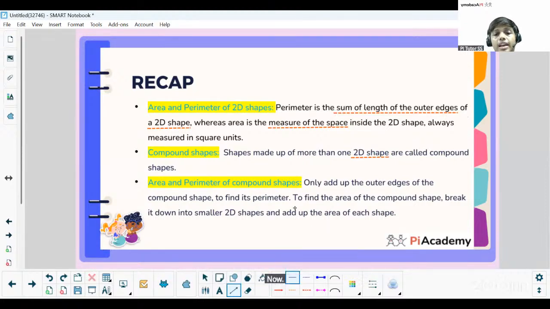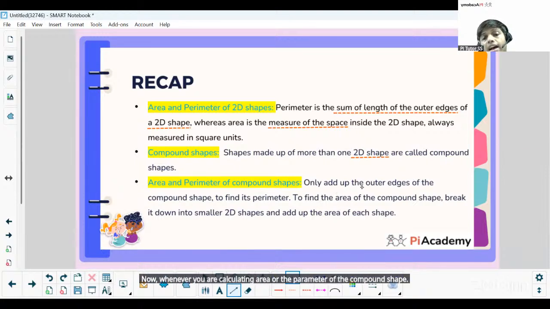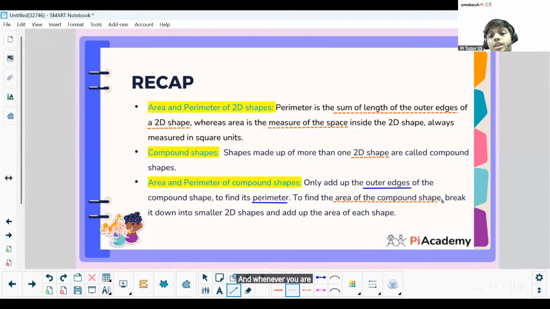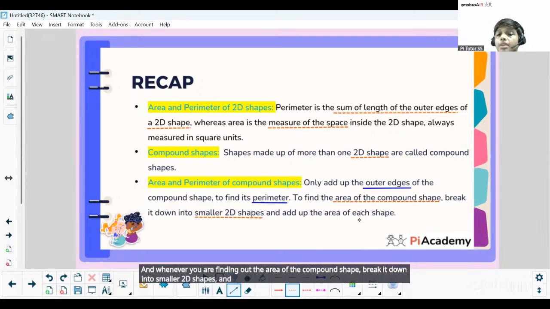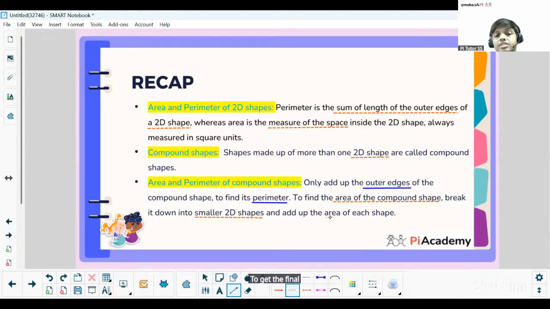Now, whenever you are calculating the perimeter of the compound shape, only add the outer edges of the compound shape to find its perimeter. Do not try to add the inner edges to get the final one. And whenever you are finding out the area of the compound shape, break it down into smaller 2D shapes and then add up the area of each shape to get the final area as well.